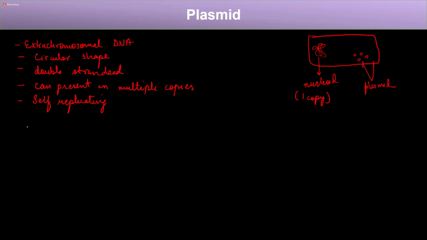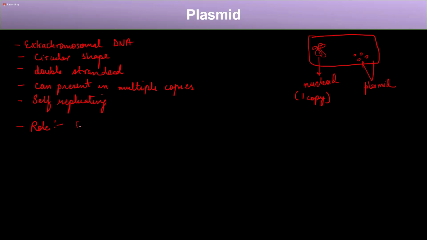Now, what is the role of these plasmids? The plasmids provide extra features, because as we saw, all the essential genes are present in the genomic DNA. Then why does a bacterium need a plasmid?